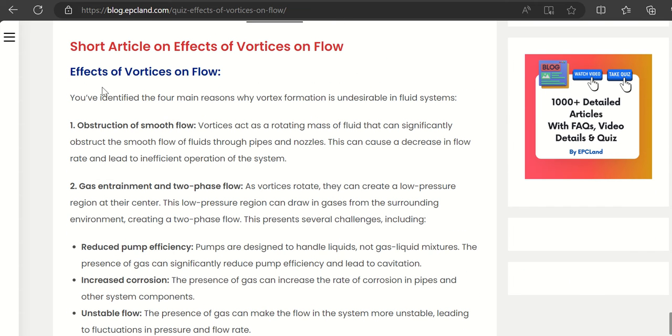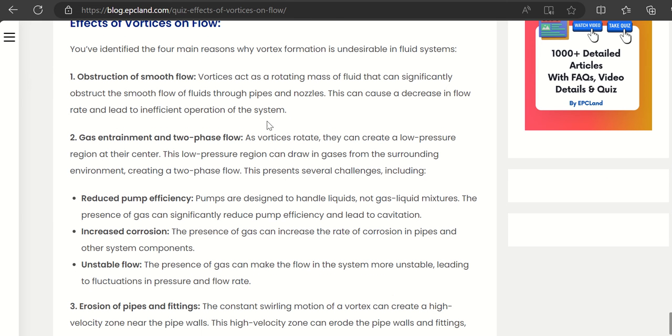We'll first try to understand various effects of vortices on flow. So let us look at various reasons why vortex is formed, and if it is formed, why it is undesirable in the fluid systems. So it is obstructing the smooth flow.